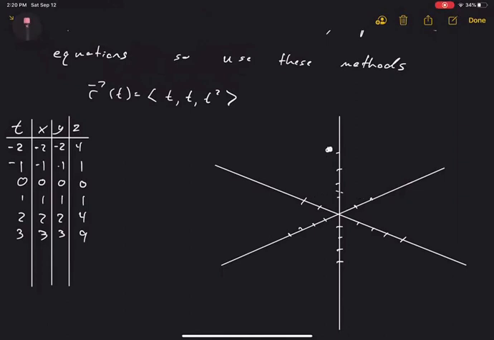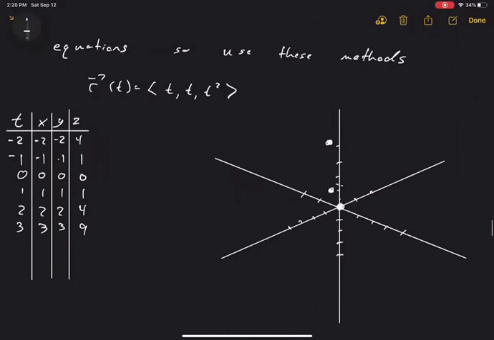All right, now let's graph the next point. Well, it would be -1, -1, 1. So maybe that point would be here, which again has this orientation. And then my point's at 0. And then 1, 1, 1. Which would kind of be up here maybe.